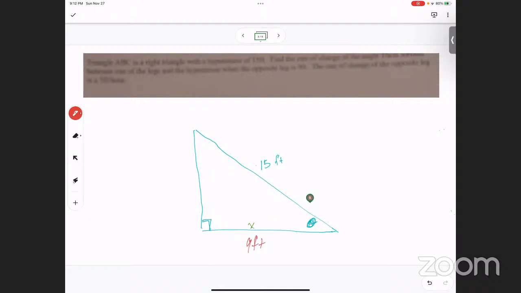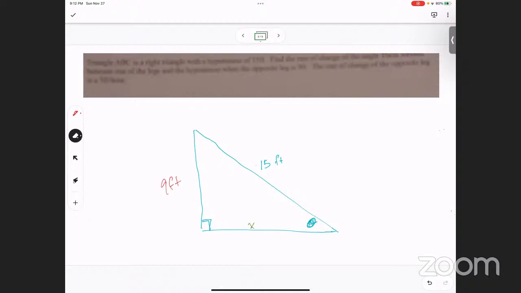Oh, okay. It does say the opposite leg is 9. Yeah, I think this was the 9 feet, but they're saying they're doing it at that point.